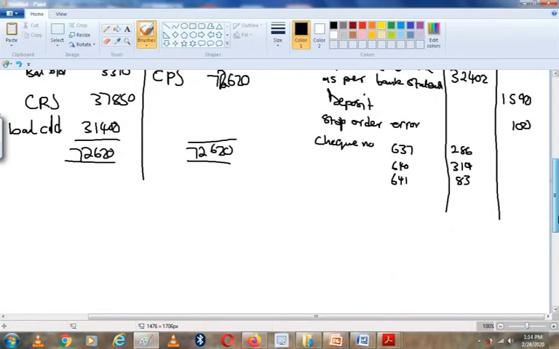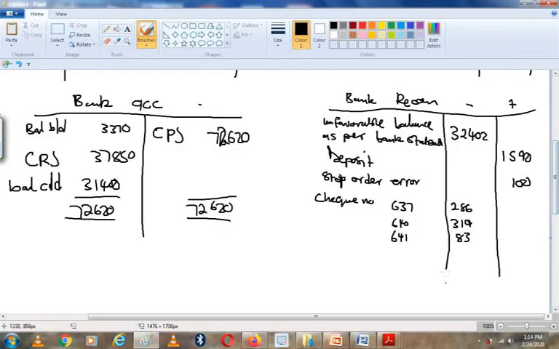Right, now you come to your bank recon. You have entered everything into these accounts. So you also need to find the total there. So you figure out which side is bigger. This side looks bigger. So you add 32,402 plus 286 plus 319 plus 83. You get 33,090.